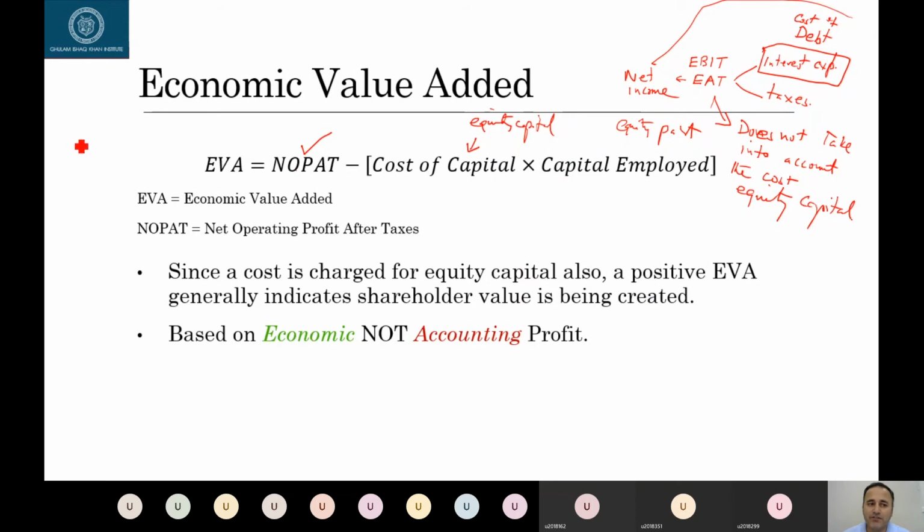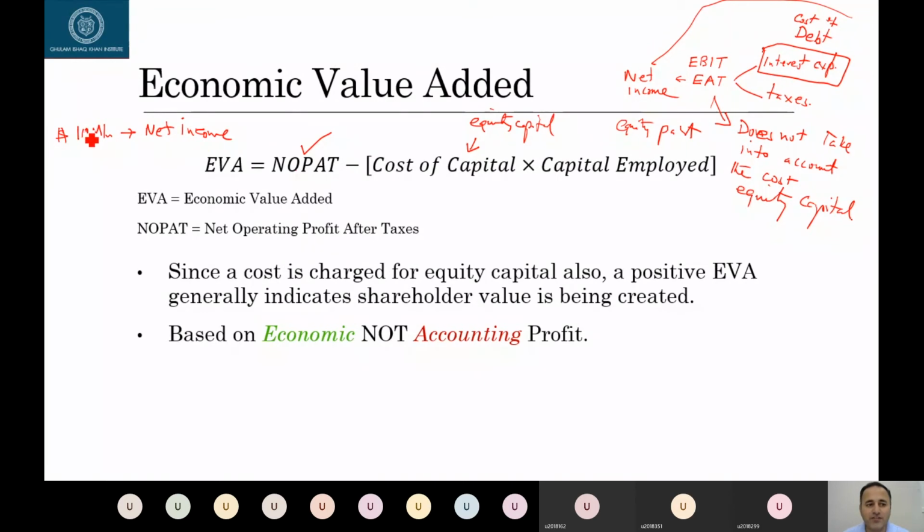So for example, if a profit and loss or income statement of a company tells you that the company made $10 million in net income, and if I ask you, are you happy with this income?